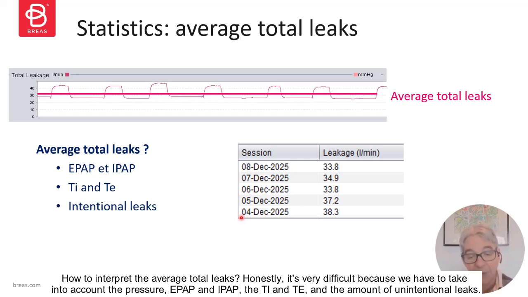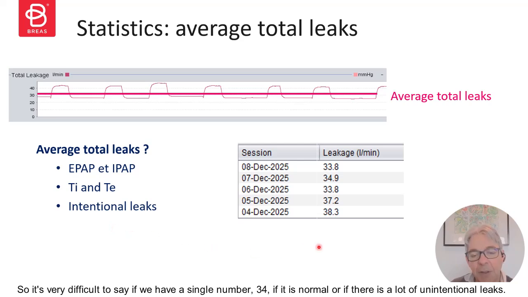Honestly, it's very difficult because we have to take into account the pressure, EPAP and IPAP, the TI and TE, and the amount of intentional leaks. So it's very difficult to say, if we have a single number, 34, if it is normal or if there is a lot of unintentional leaks.